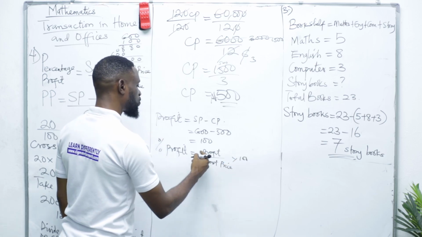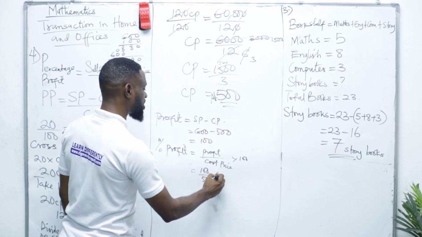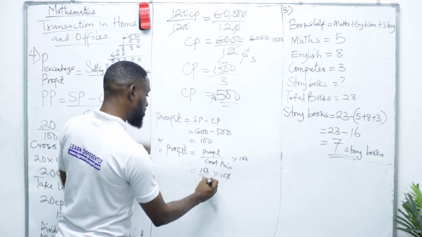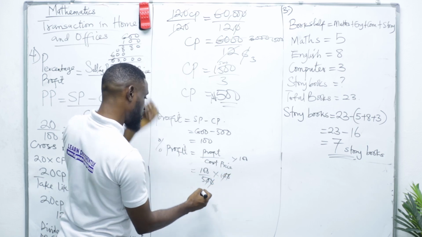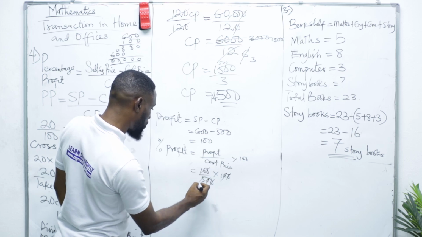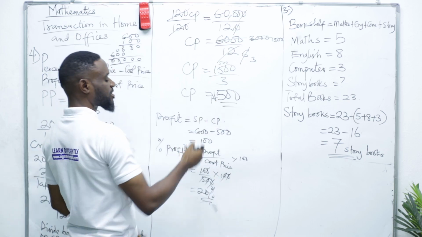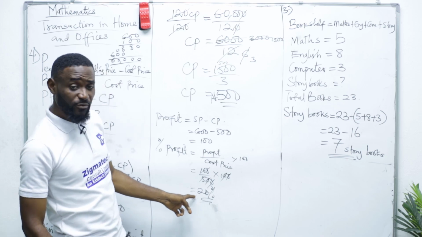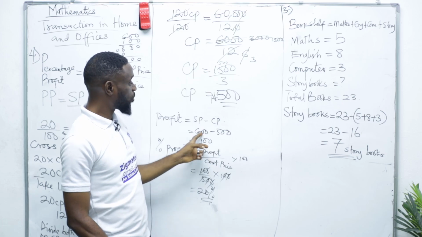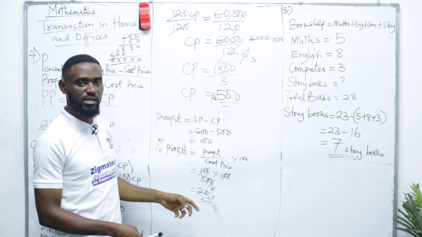So this will be 100 over 500, which is the cost price, times 100. 5 into 100 gives us 20%. Can you see? So it is correct. So we have found that the percentage profit that was given to us by selling something at 600 naira is 20%, which is the 20% we have seen.